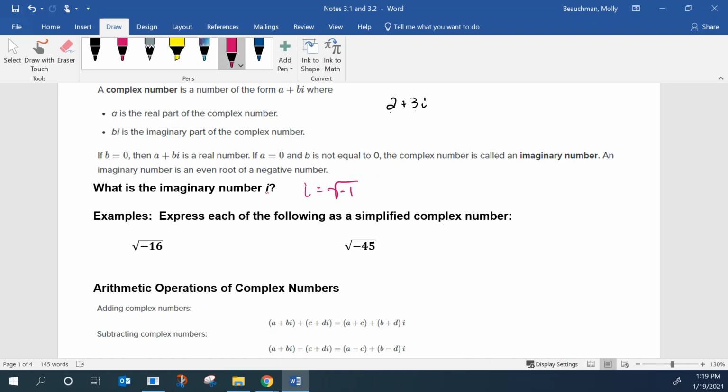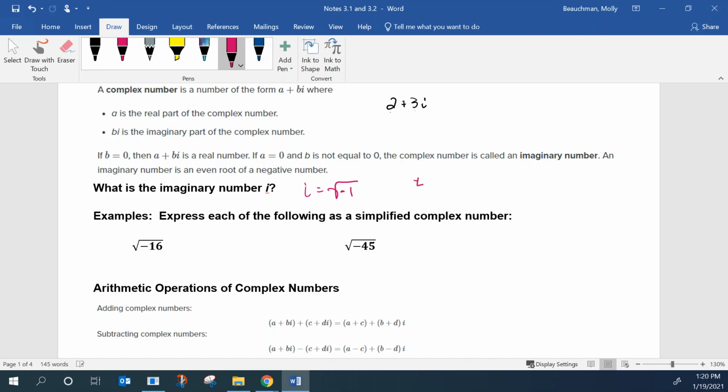In previous classes, when you had to square root both sides and you got answers like the square root of -16 or the square root of -45, your answer would be no real answer. So we're introducing the number system that allows us to have answers now. They're called imaginary numbers, or complex numbers with imaginary parts. If i is equal to the square root of -1, another commonly used expression is i squared.